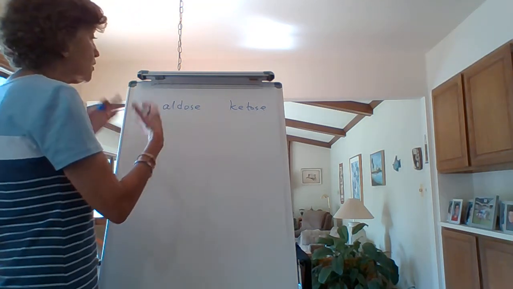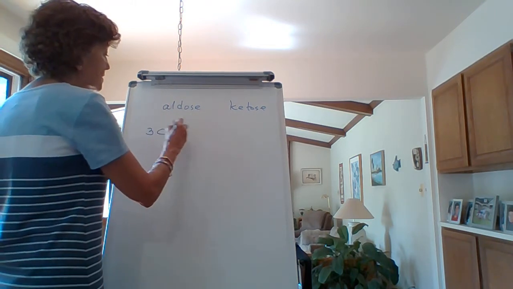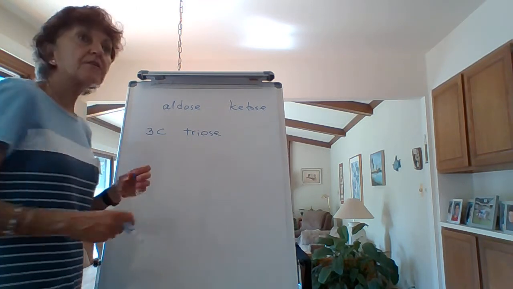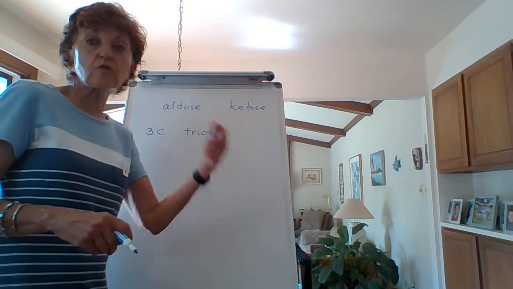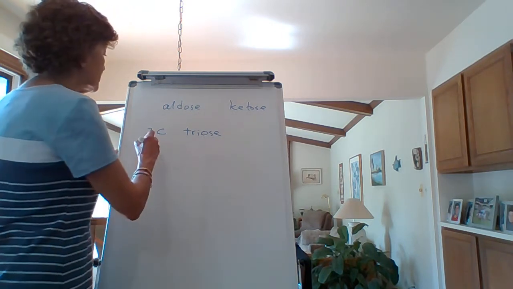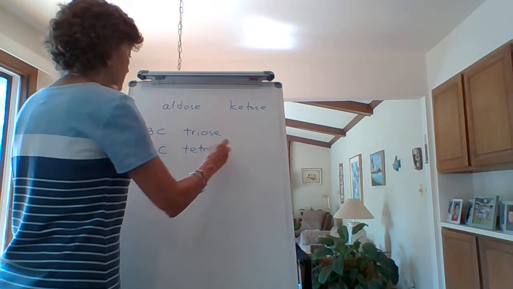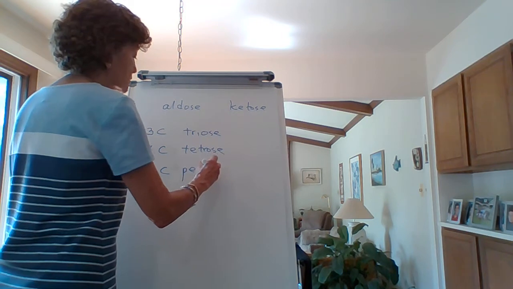And then you can further classify these based on the number of carbons. So if your carbohydrate monosaccharide has 3 carbons, it's called a triose. Well, if it's got an aldehyde and it's 3 carbons, it could be called an aldotriose. If it's 4 carbons, it's called a tetrose. If it's 5 carbons, it's called a pentose.